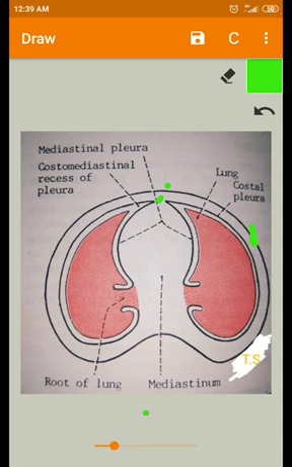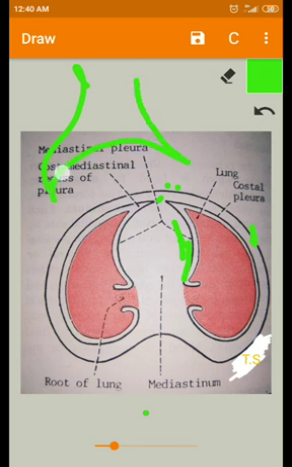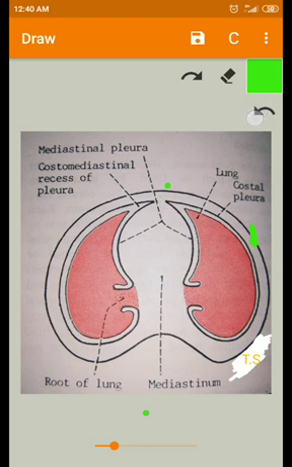Also in the mediastinum some lymph nodes are present, called mediastinal lymph nodes. And near the diaphragm, on the surface of the diaphragm, there are lymph nodes called diaphragmatic lymph nodes. All these lymph nodes drain the lymphatics.